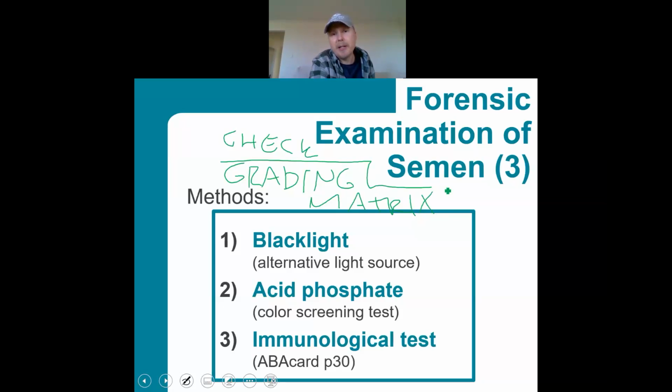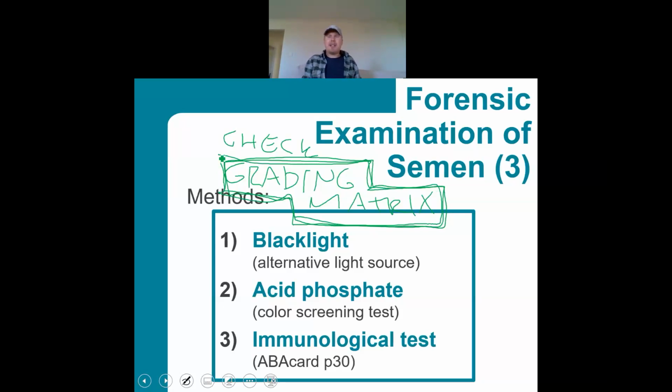Whenever you have the grading matrix available, I would check it as you are working through the assignment, so you address everything that's needed for whatever grade you're after. If you're after full marks, then I encourage you to look at what's needed for the maximum points on each of those assignments or questions.